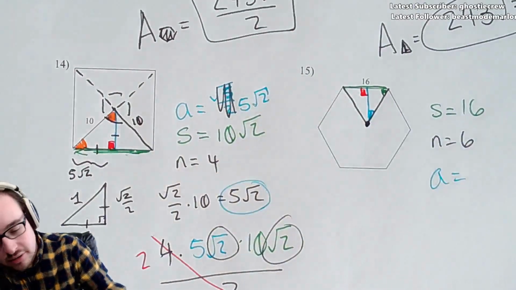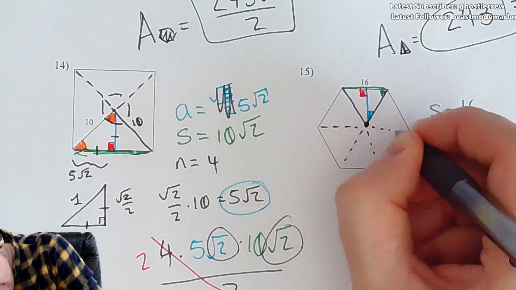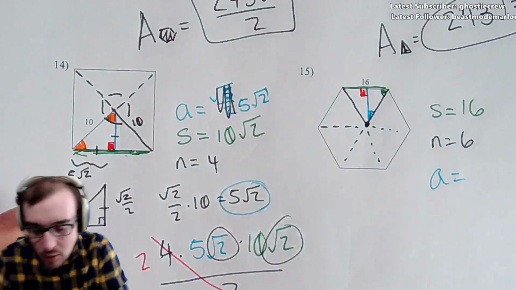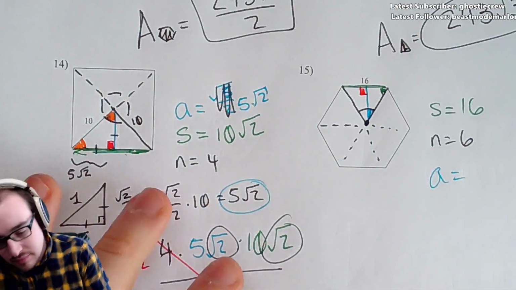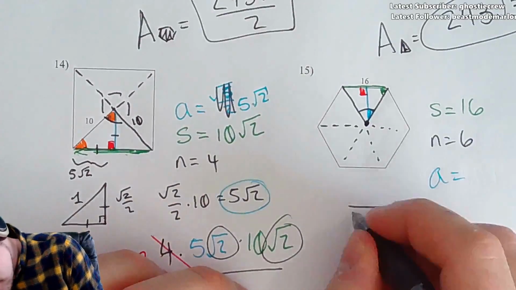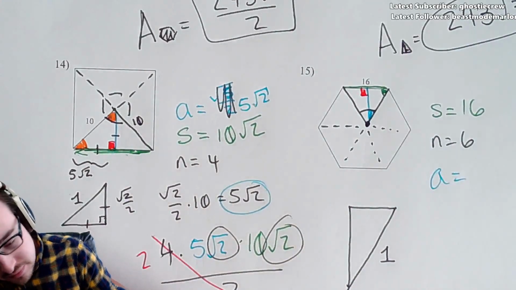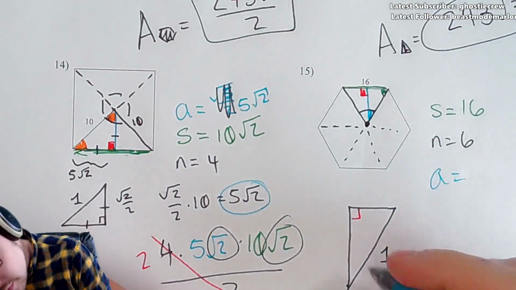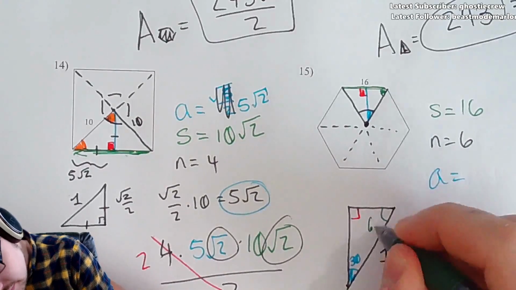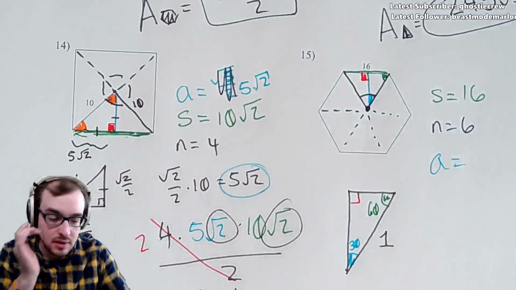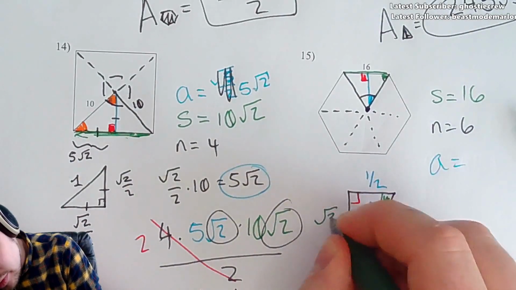And there should be 6 triangles. So the whole thing here is 60. Half of that is 30. So we know when the hypotenuse is 1, this is 30, and this is 60. This will be half the hypotenuse, and this will be that times root 3, so root 3 over 2.